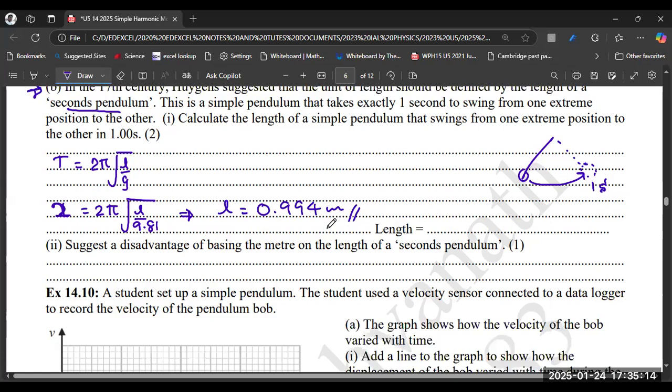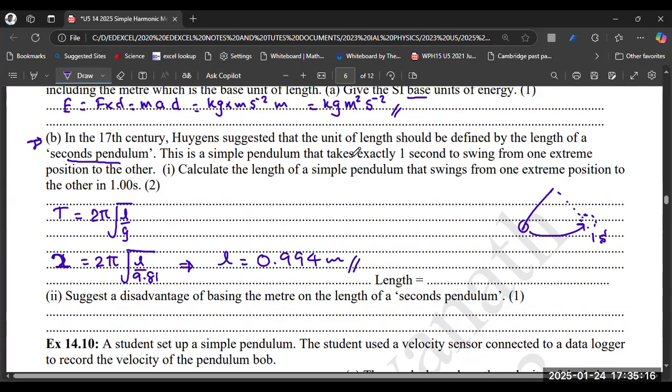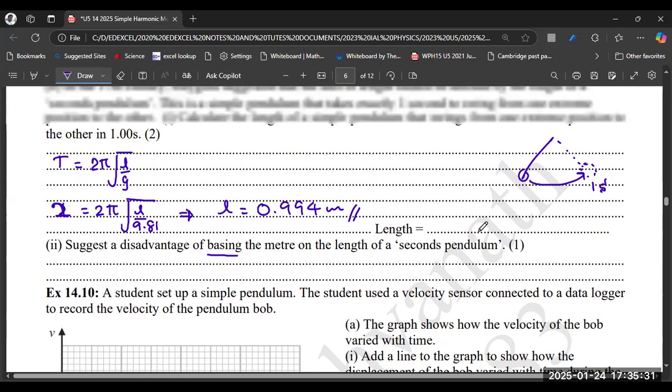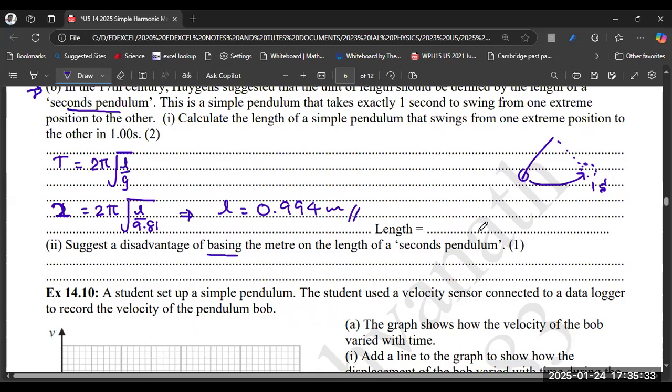Then your length should be defined by the length of a second's pendulum. This suggests a disadvantage of basing the meter on the length of a second's pendulum. If anybody wants to say, okay, I have 1 meter, there are proper definitions of base units in the world.